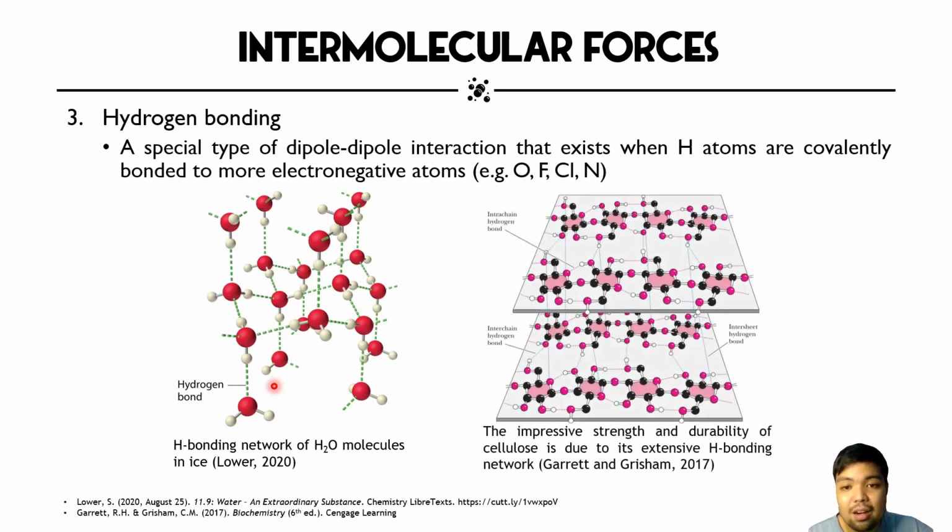If you can see, there is extensive intramolecular and intermolecular hydrogen bonding in your cellulose, which makes cellulose one of the strongest and hardest biomaterials known to man. Okay, so that also makes the wood very, very hard.